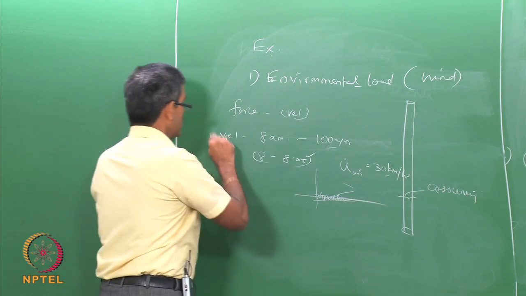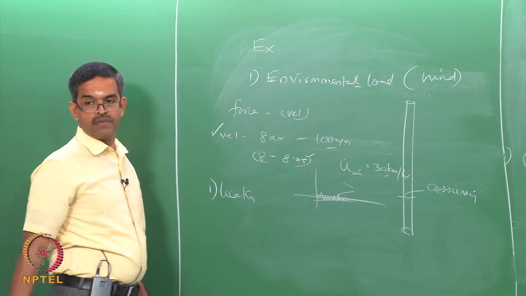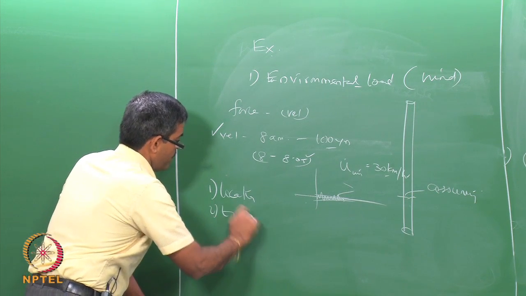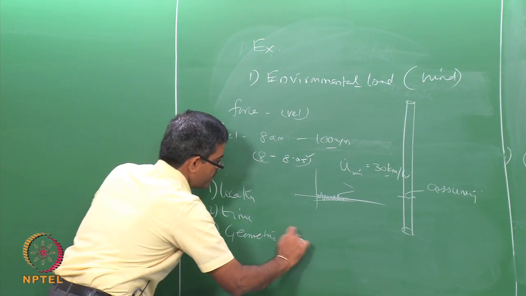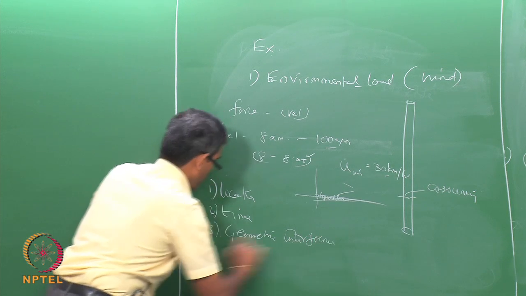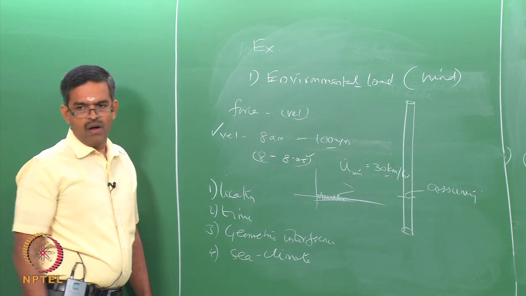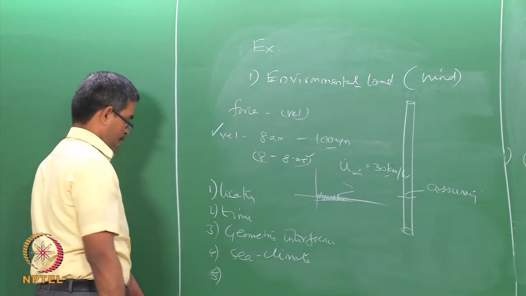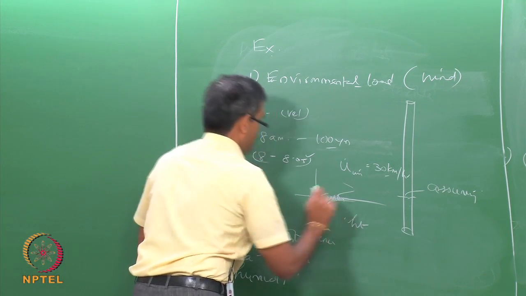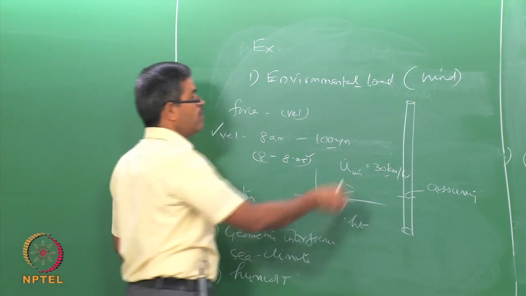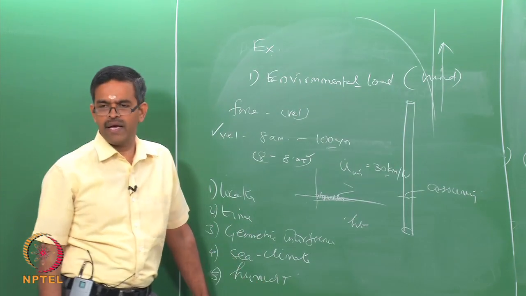Now, this data is suitable and valid for a specific location, for a specific time, for a specific geometric interference, for a specific sea climate, for a specific humidity, for a specific height, because this depends upon the height. We all know wind velocity keeps on varying as we keep on measuring it higher and higher.